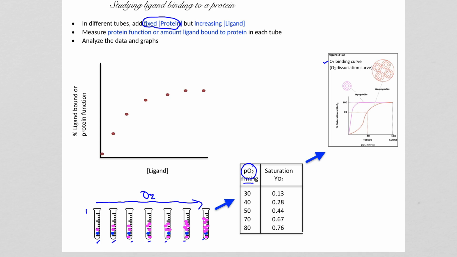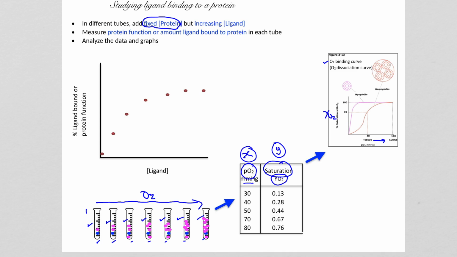So the oxygen concentration is plotted on the x-axis, and in each tube we measure how much of the myoglobin has oxygen attached to it, what we call YO2, or the fractional saturation of myoglobin, and we plot that on the y-axis. Basically, PO2 on the x-axis and YO2 on the y-axis.